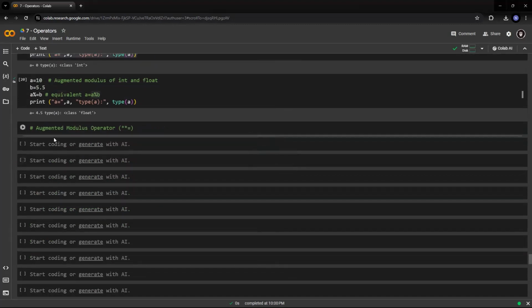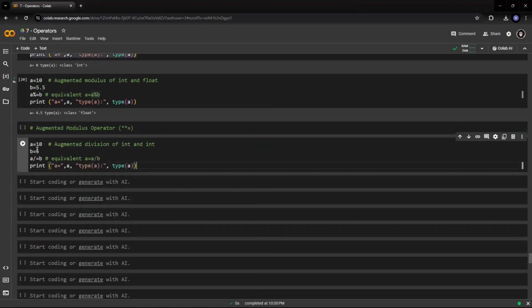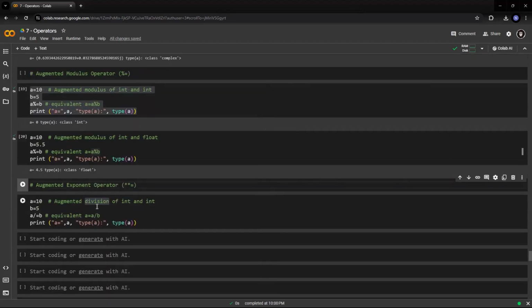Both the values are int, where our a and b are both integers. Let me do the formatting first. We need to have the double star. This particular statement is the same as a equals to a exponent of b, as we have seen in the arithmetic operators.